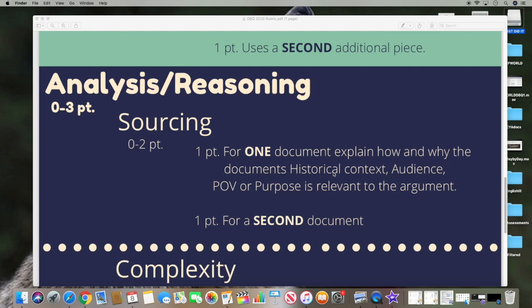If it's the historian, look at the year when they are writing and figure out maybe how that's relevant to your argument. If it's a primary document, look at what they're trying to do.